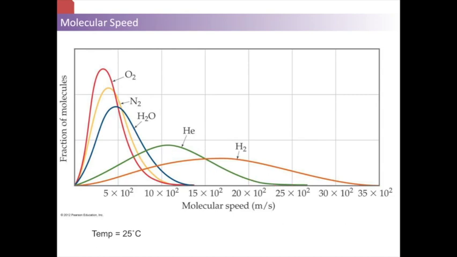And even the most massive of these gases listed here is oxygen. It is behaving like a very cold gas. It has a peak that's furthest to the left and tallest, but it has an incredibly small number of particles traveling those really, really high speeds. That's because the higher the molar mass, the more it behaves like a cold gas, where the lower the molar mass behaves more like a hot gas.